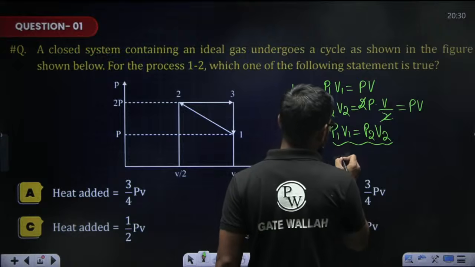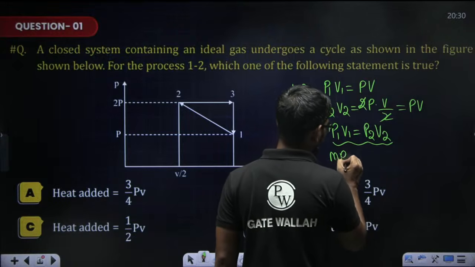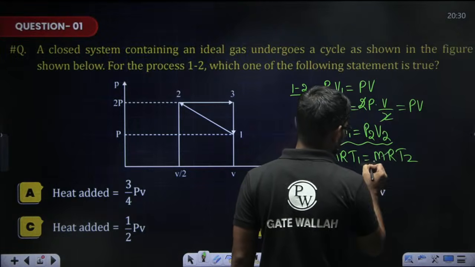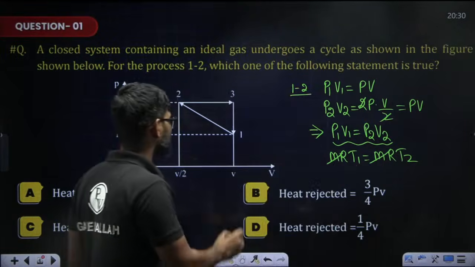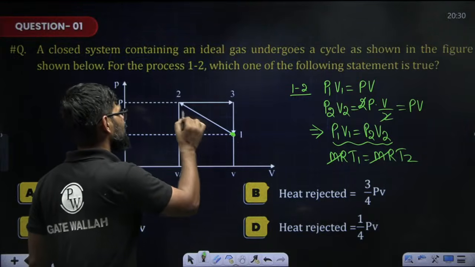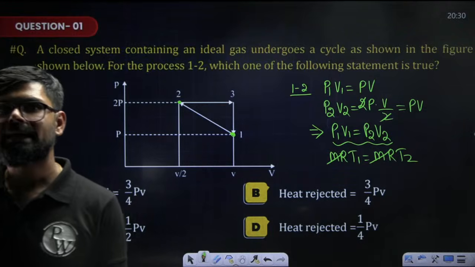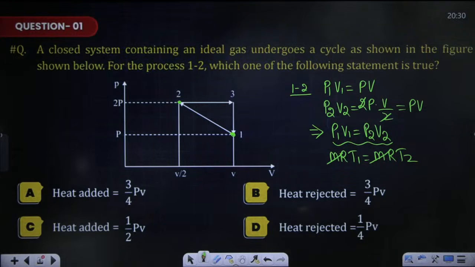Here you can write mRT1 is equal to mRT2. mR cancels out. So T1 is equal to T2, which means whatever temperature is at point 1, the same temperature is at point 2 also. Now this is the hint I have given to you. Now I hope you will be able to solve this problem. T1, T2 is going to be the same.